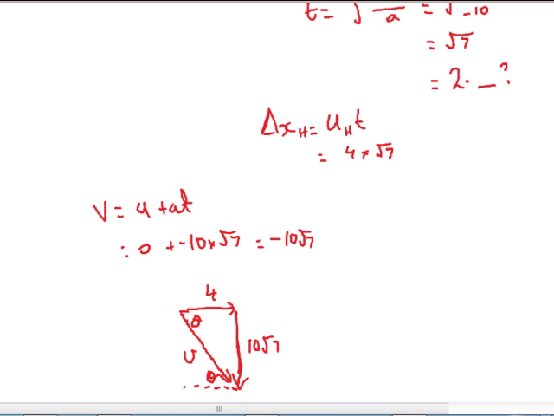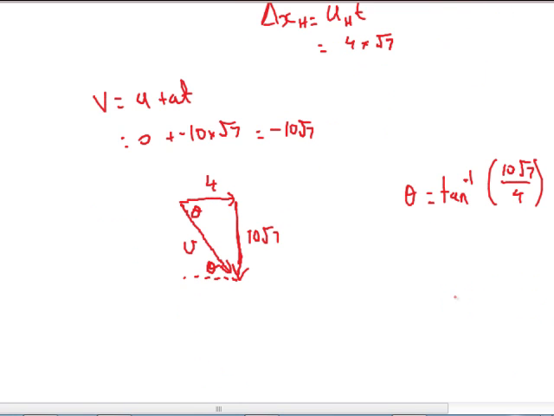So you can use tan, theta is inverse tan of 10 root 7 over 4, and V would be the square root, using Pythagoras' theorem, of 4 squared plus 10 root 7 all squared. Punch that in your calculator, you got your answers. Notice there's that exact value used in each of those calculations.